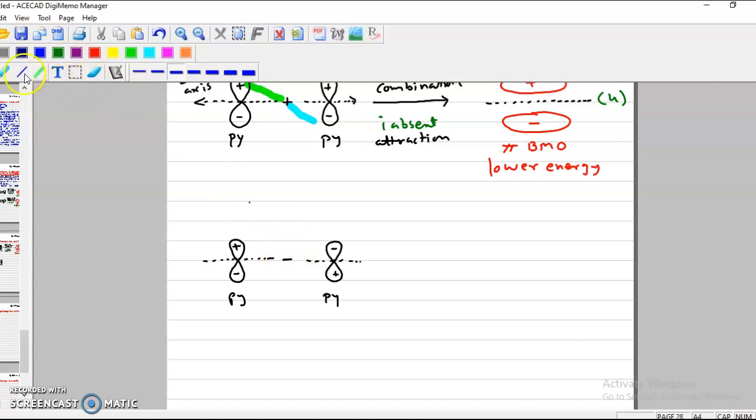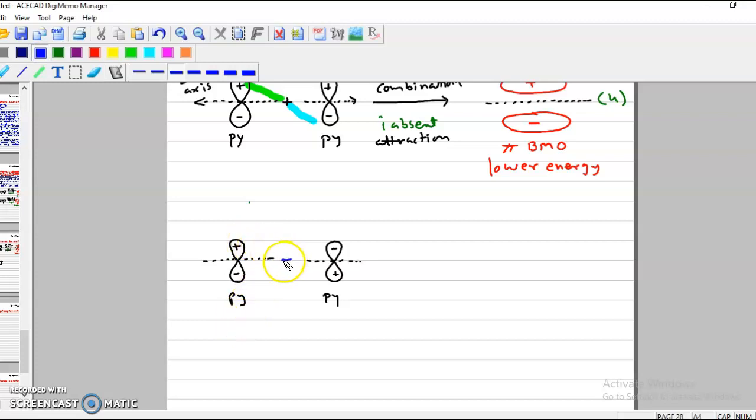Okay. Sorry, I will use another color so that you can understand that this is a negative sign. Let me select a new one. This is the negative sign.